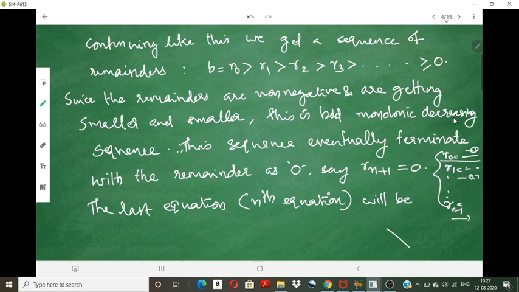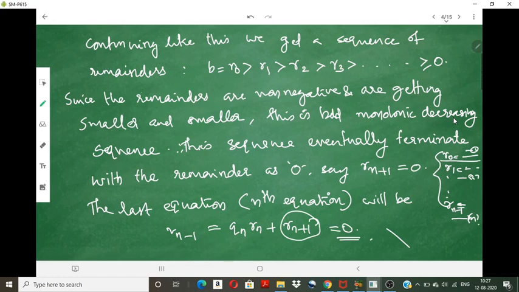So Rn minus 1 equal to this one will be the nth equation. From the above equations you can write Rn minus 1 as Qn into Rn plus Rn plus 1, and we know Rn plus 1 is equal to 0. This is the remainder.